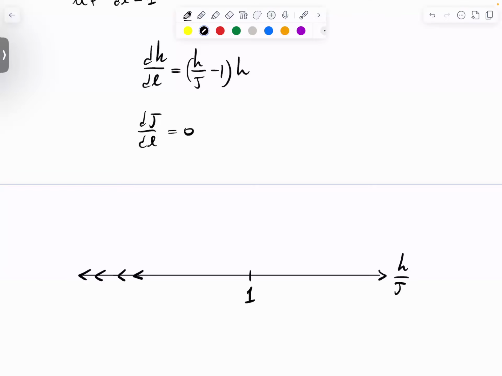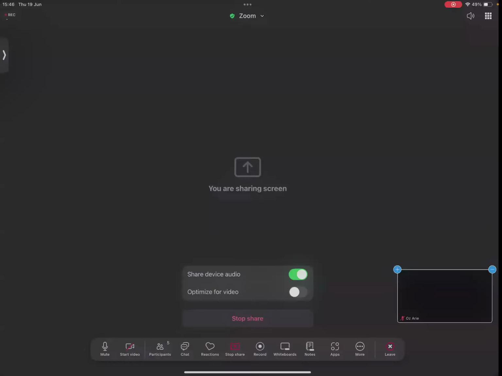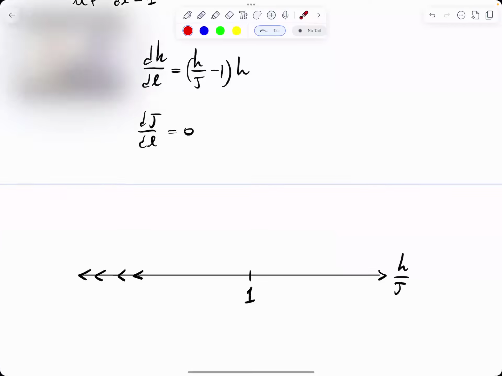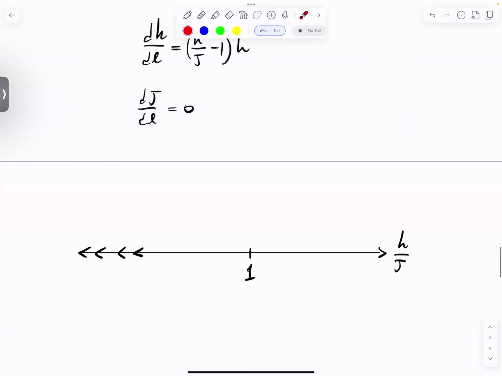Now, if you believe this RG equation beyond the limits of its validity, then there is a putative quantum critical point here.